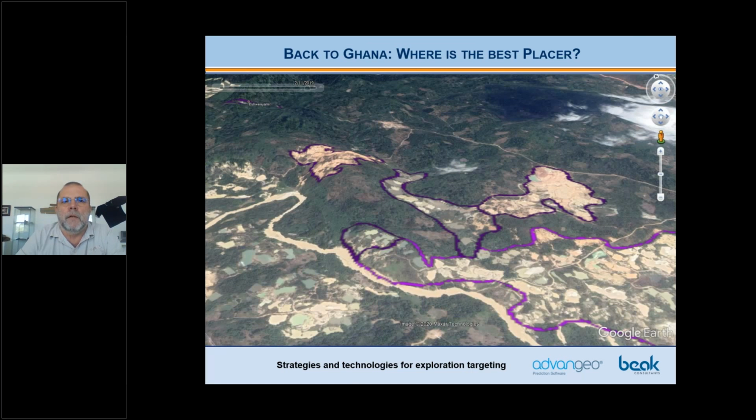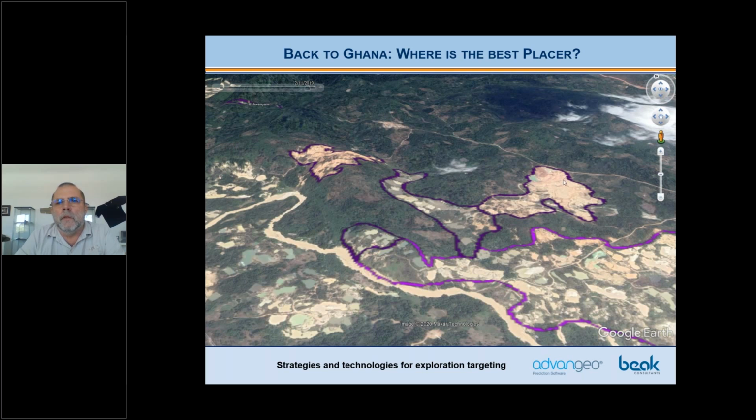We now return to Ghana. Much placer gold, but here the geomorphology and the geological history is completely different. The terrain was elevated, and the oldest placers are located on top of the flat hills. So with this placer here, the old terrace placer, probably 20, 30 million years old, located around 40 meters above the recent placers.